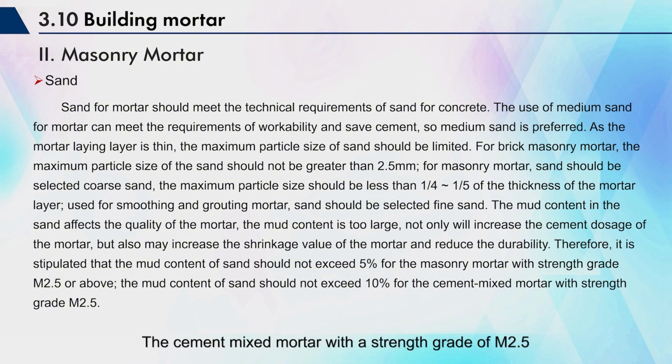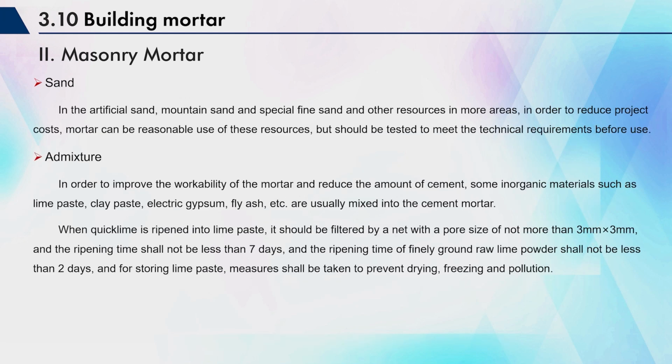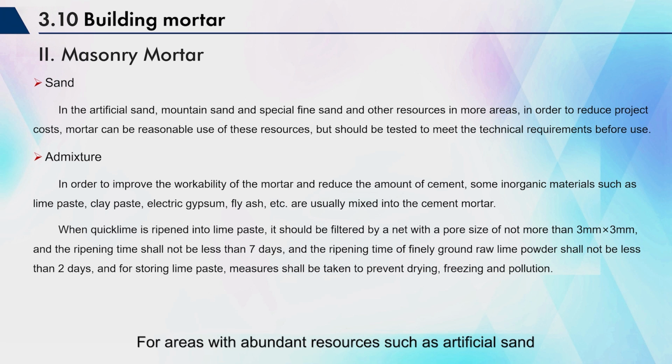The cement mixed mortar with a strength grade of M2.5 should not contain more than 10% mud in the sand. For areas with abundant resources, such as artificial sand, mountain sand, and ultra-fine sand, mortar can be reasonably utilized to reduce engineering costs. However, it should be tested to meet technical requirements before use.